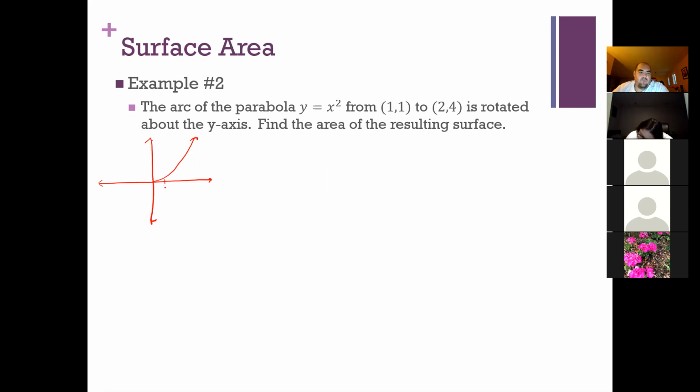So I'm going from 1, 1 to 2, 4. All right, so there's the segment I care about, and this time I am going around the y-axis. So let's at least visualize the shape here.